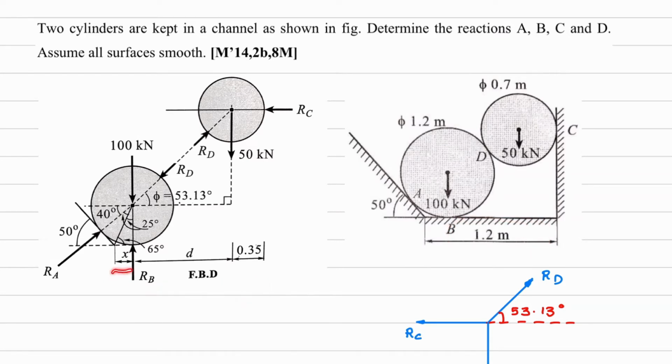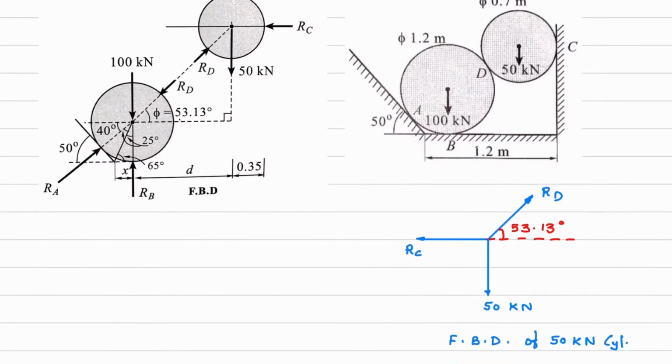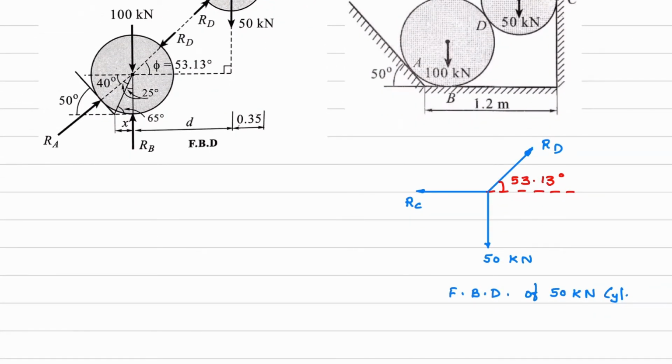Now we will calculate this x. In order to calculate that x, I'll write it down. We have to consider that triangle, and there we can write tan 65 is equal to the opposite side, which is the radius, upon the adjacent side, which is x. That x we have to calculate.